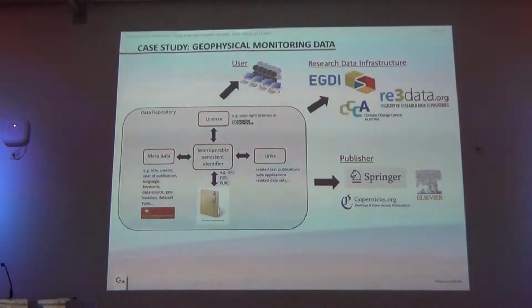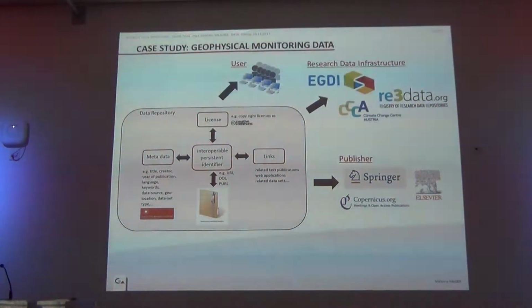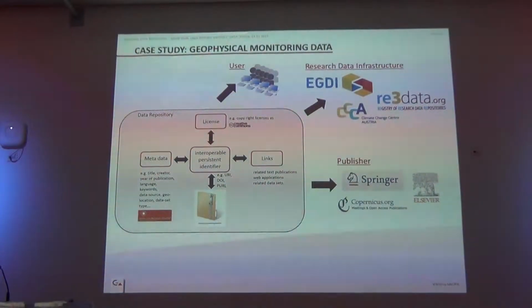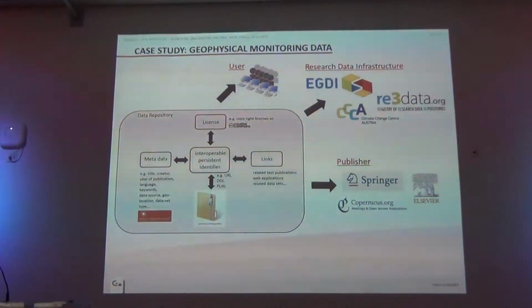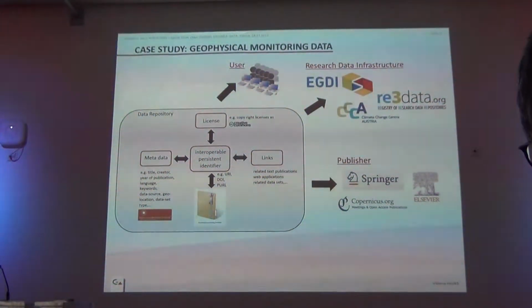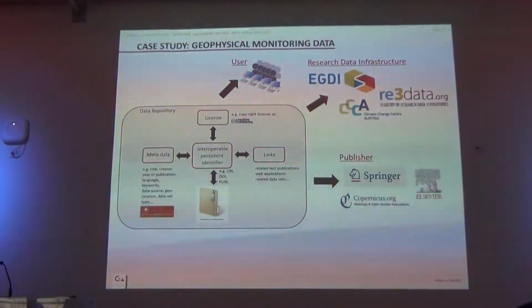But the data repository is not only interesting for the researcher to get the information, it's also interesting for the publisher. If a publisher gets a new article, then he can put the ID from the related dataset on his landing page, and there's a link between the dataset and the text publication afterwards.